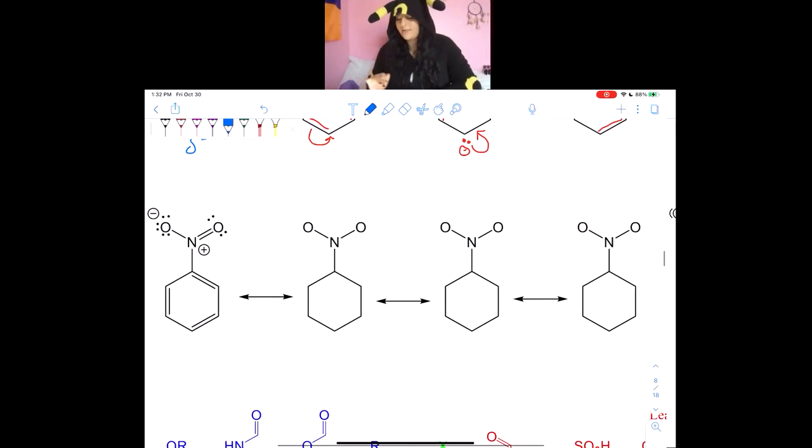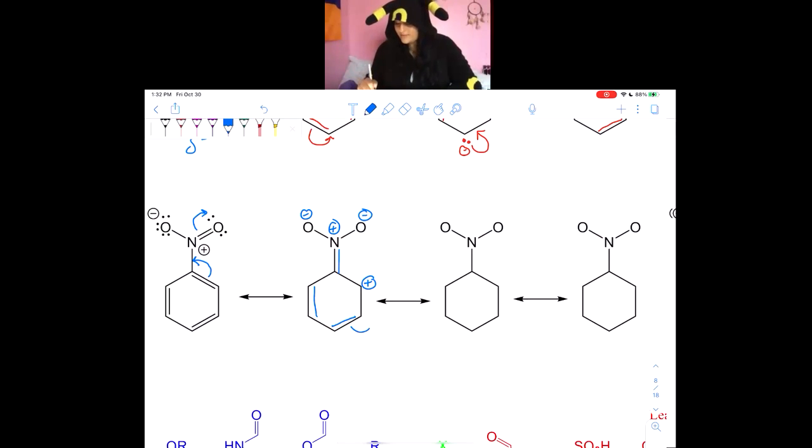So over here, we are going to do the resonance, and it's going to be a little bit different. So we're going to move our electrons this way, and we're going to end up with a double bond here, plus charge, and two negatives. And we have to have a positive right here, because we don't have those electrons anymore.